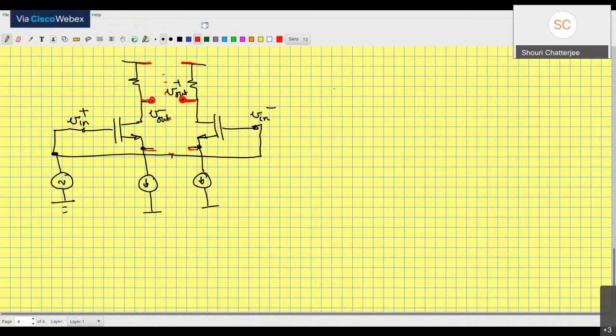I will observe a common mode at the output. Naturally, the common mode at the output is half of the sum of the two, the average of the two. So that is the common mode at the output, which I can now measure. So I apply common mode at the input. I obtain common mode at the output.